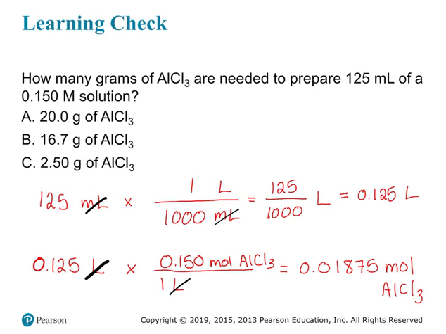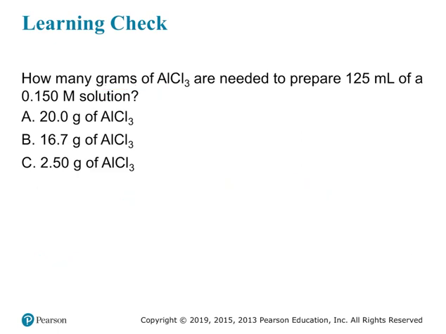But we were asked to figure out how many grams of aluminum chloride we need to add. So now we can go on to our third step. In our third step, we're going to convert moles of AlCl3 to grams.